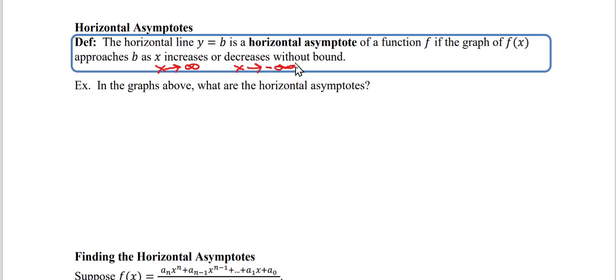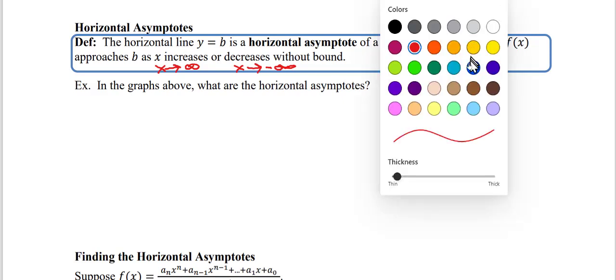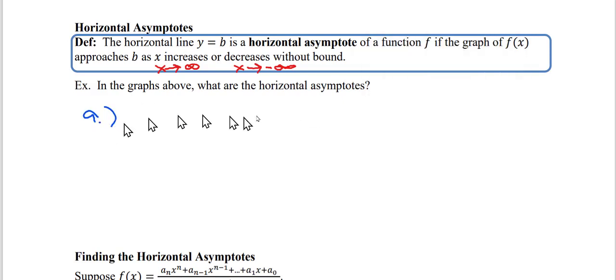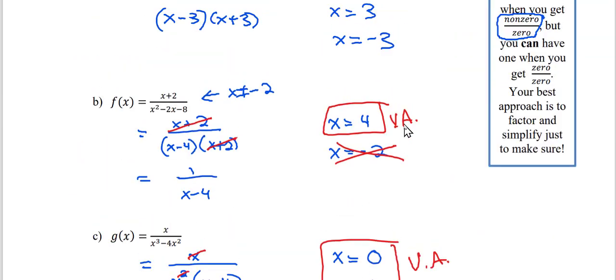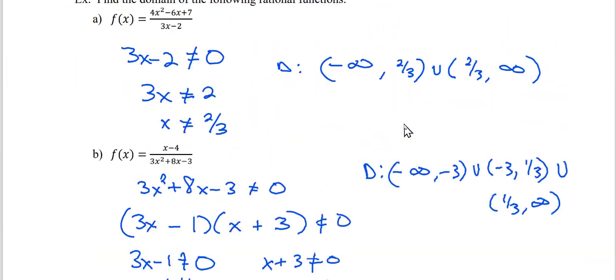So you're looking at the right end of the graph when you're talking about x going to infinity, and the left end of the graph when you're talking about x going to negative infinity. Let's go back to our graphs here, A, B, and C, and see if we have any horizontal asymptotes here.